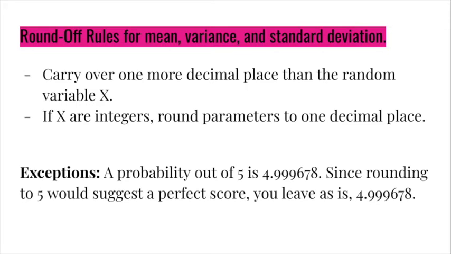However, if the x's are integers, you're going to round all those parameters to only 1 decimal place. The exception to this rule would be if you're trying to find a probability out of 5 of something, and your value is 4.999678. Since rounding to 5 would suggest 100% or 5 out of 5, a perfect score, and it's almost there but it's not 5, you're going to leave it as is and keep it at 4.999678.